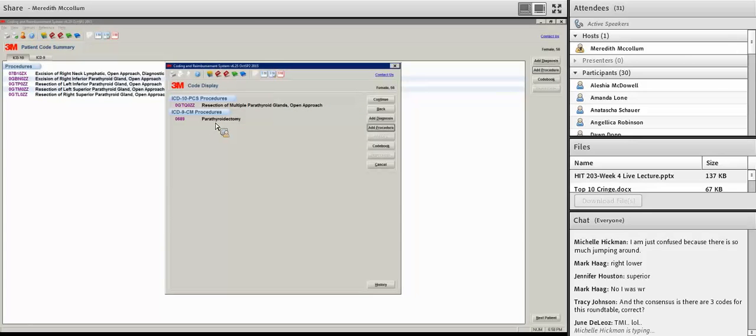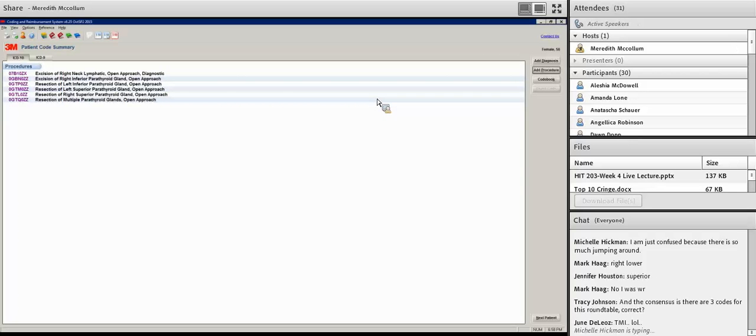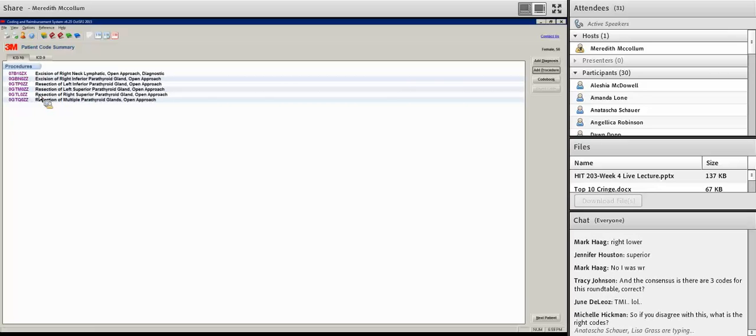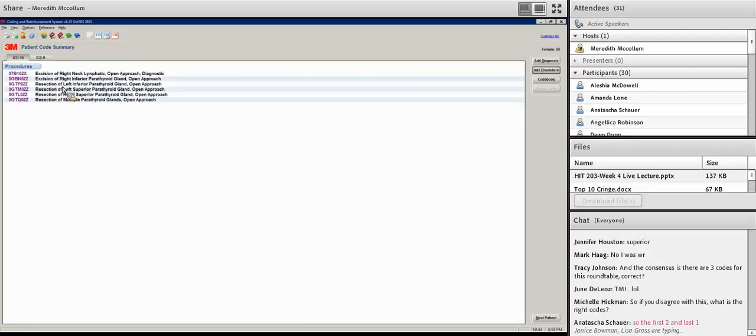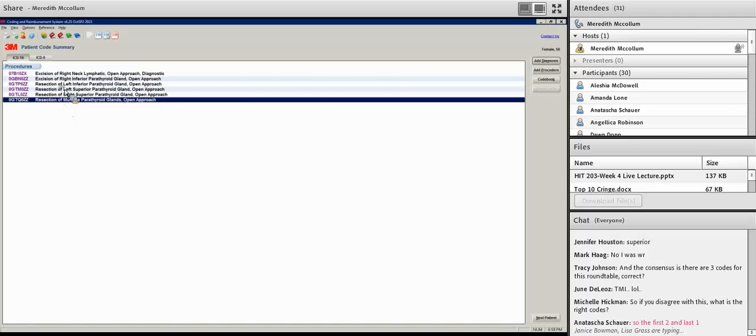I think it's lazy coding. I think it is, I would count it wrong if I was auditing it. Yeah, so if you're going to go with what the professor says to try to get them right, it would be these 3 and not these 3.